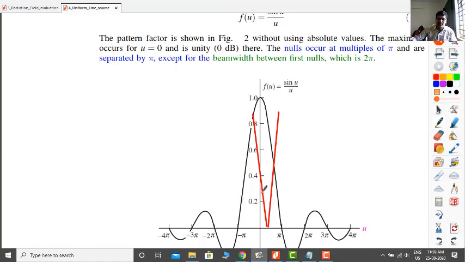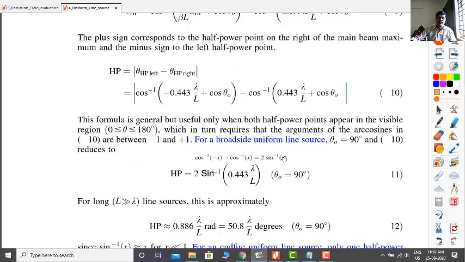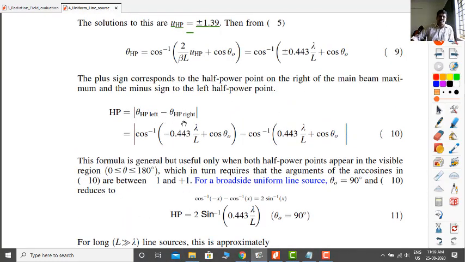The angle between these 2 points is the half power beamwidth. That's why it is theta HP left minus theta HP right. We need only the magnitude. Now for the cos inverse of this value, for the left hand side you take the negative value and for the right hand side the positive value. Therefore, cos inverse of minus this value minus cos inverse of the positive one.